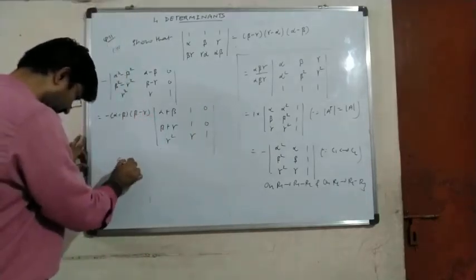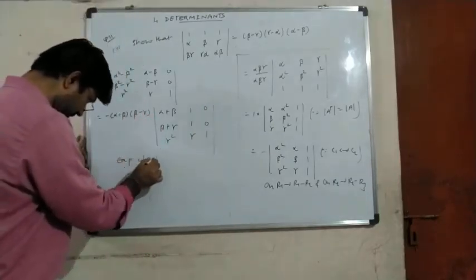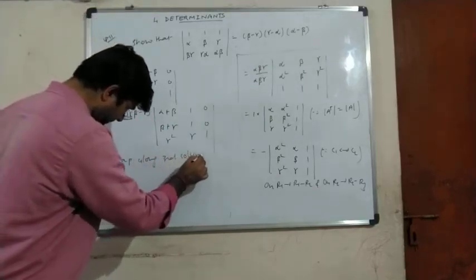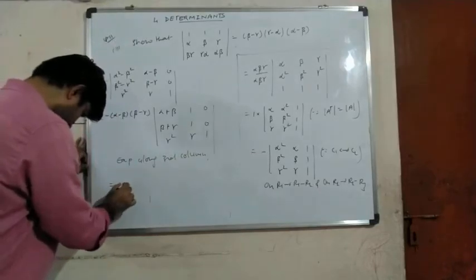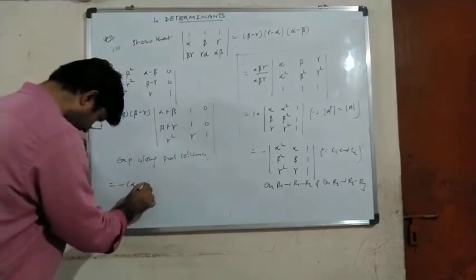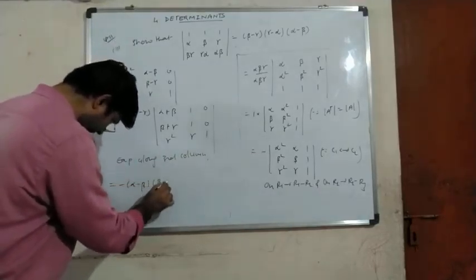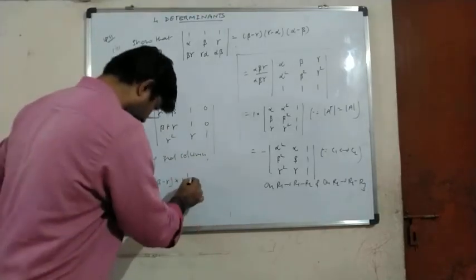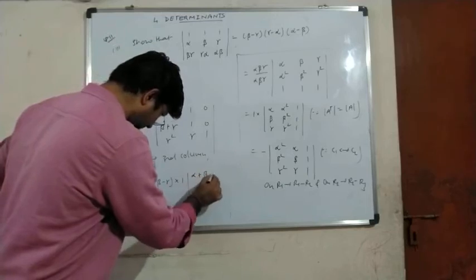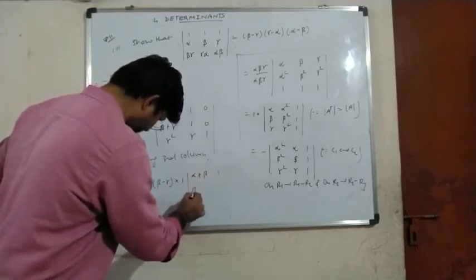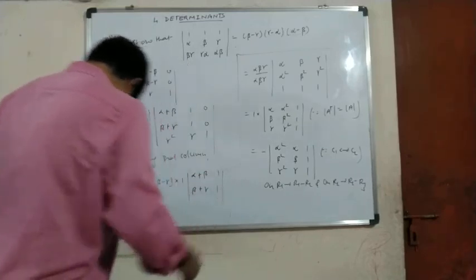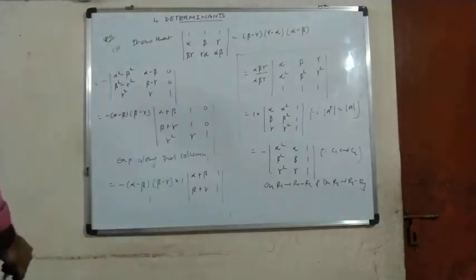Expanding along third column. Okay, so minus of alpha minus beta into beta minus gamma into 1 into alpha plus beta, beta plus gamma, and finally solving the 2 by 2 determinant, you will get the answer.